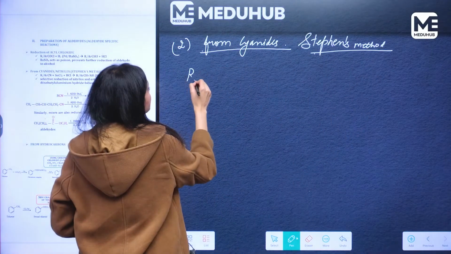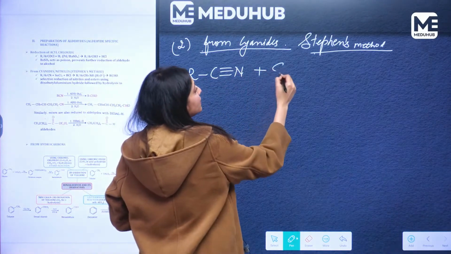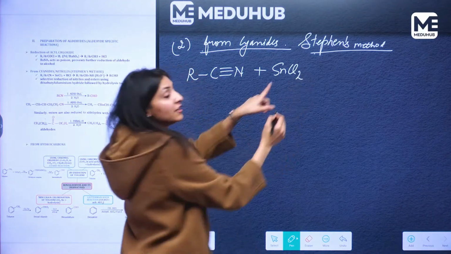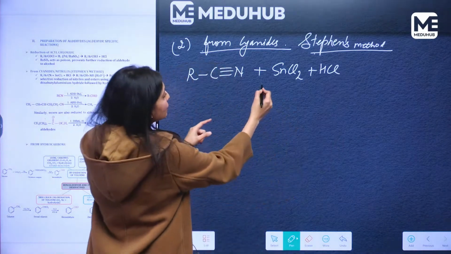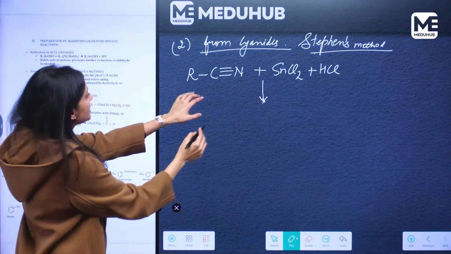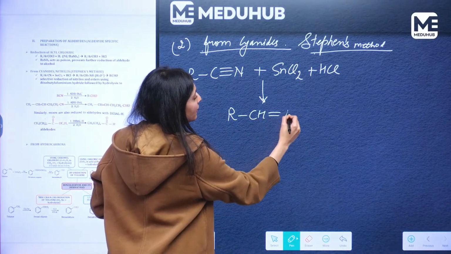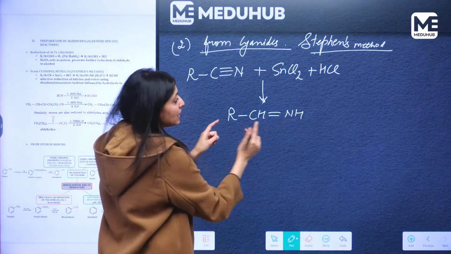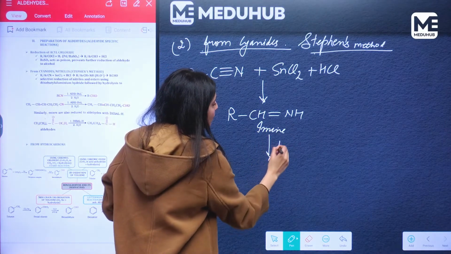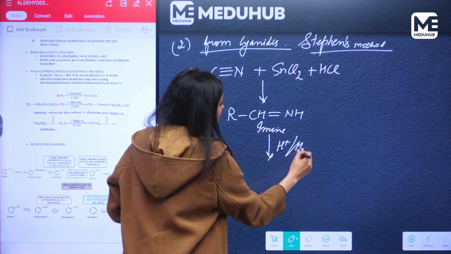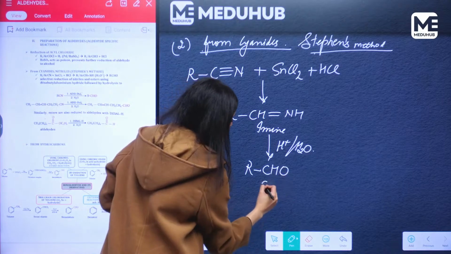If we have a cyanide, this reacts with stannous chloride, SnCl2, in the presence of HCl to give us an imine first, with a double bond and H here. This is an imine, which on acidification gives us the required aldehyde.